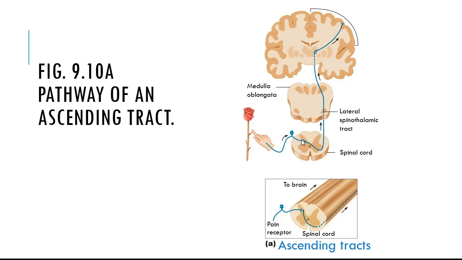Okay? And so you have to first process, if you cognate it, that hurts, however you localize it, that it was on my finger, you're going to have to use these ascending tracts up to the thalamus and then onto the parietal lobe for further processing.